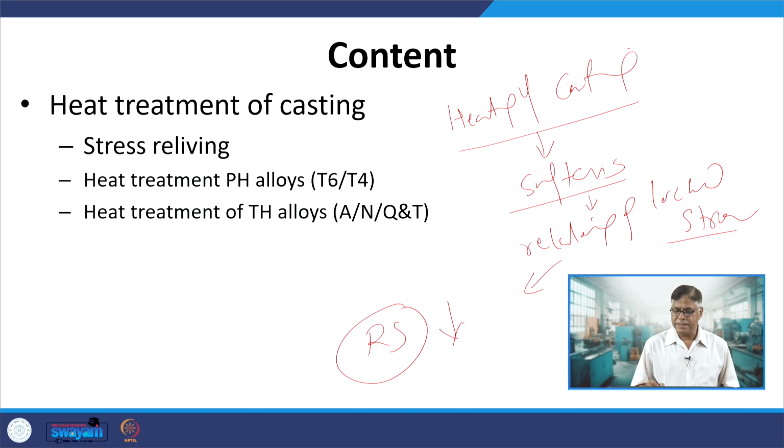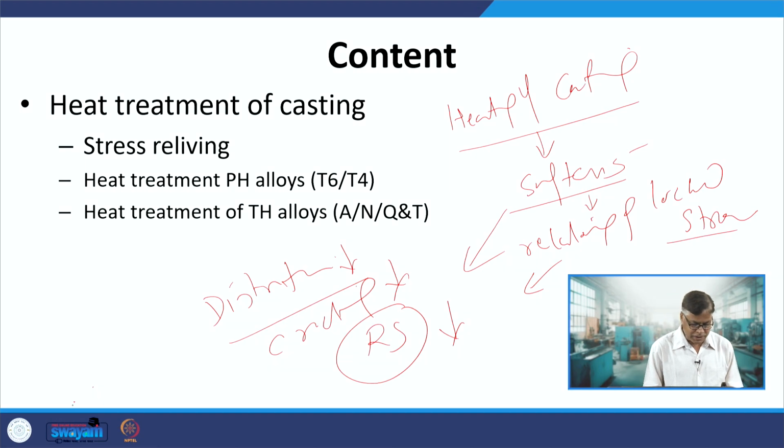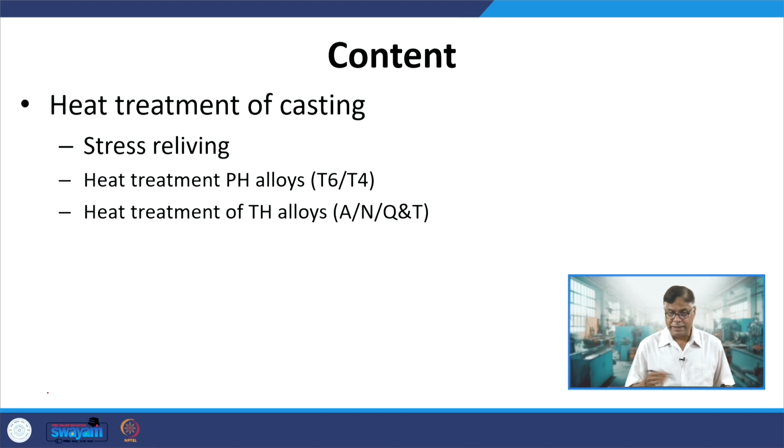Therefore, if the casting is heated to a higher temperature, softening leads to reduced residual stresses, and then the distortion tendency of the casting is minimized, especially during machining. Also the cracking tendency is minimized later on. So it is important that stresses are relaxed or relieved.